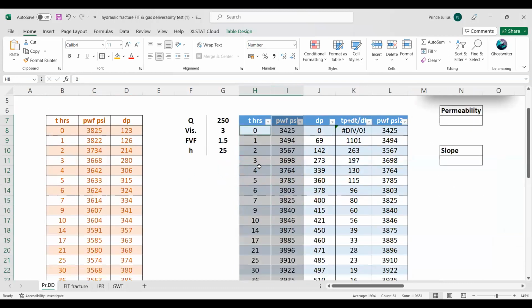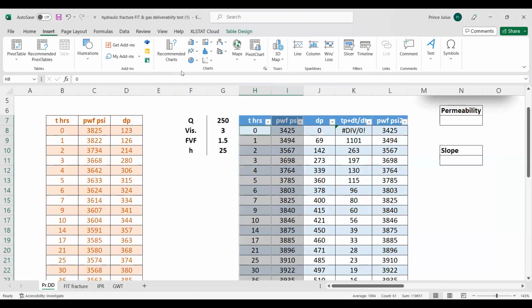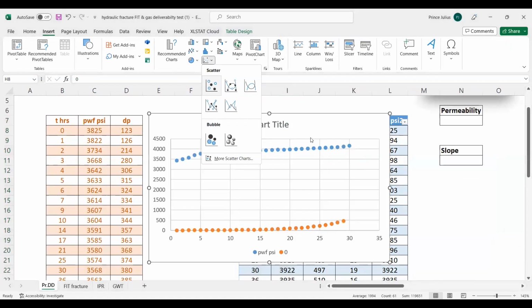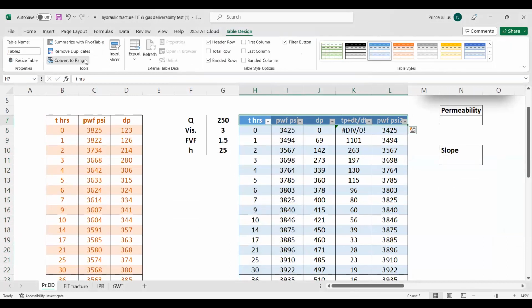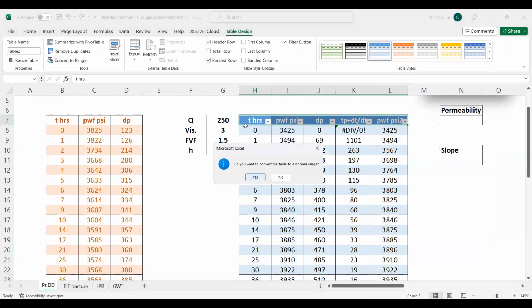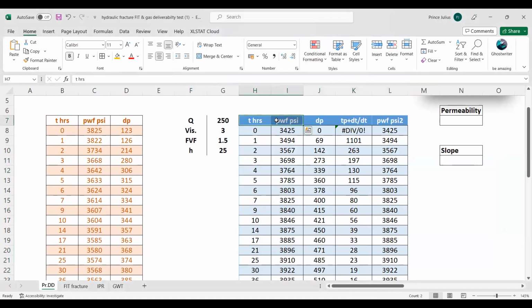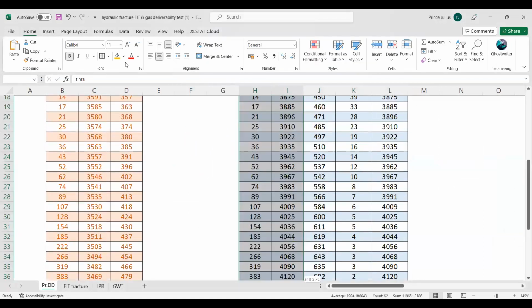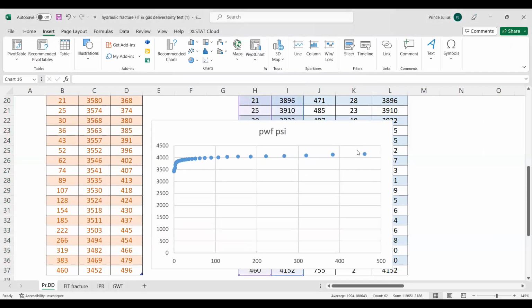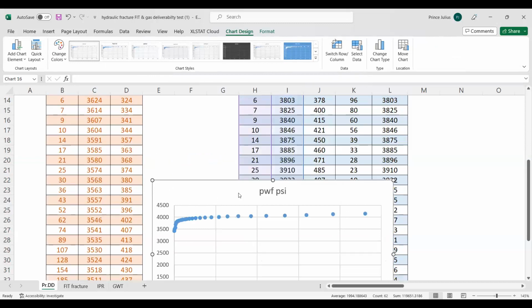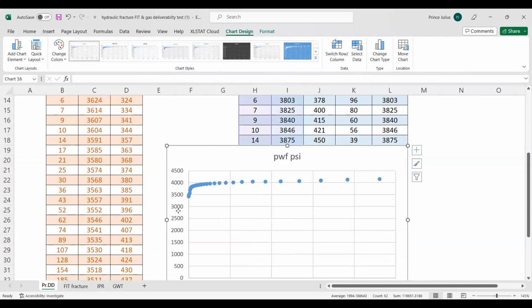So I selected x-axis as well as y-axis. I'm inserting like this. Yes. So this is the equation that we got.